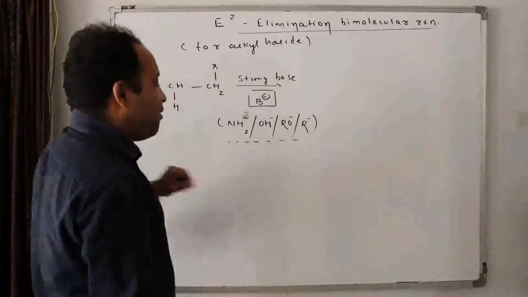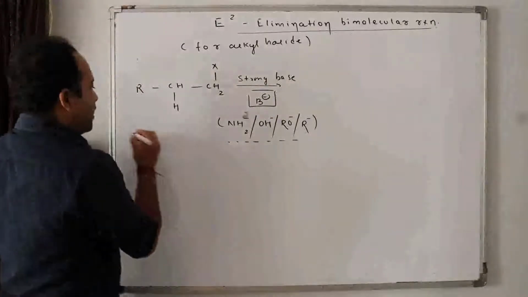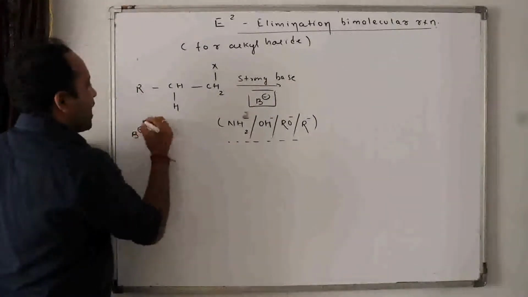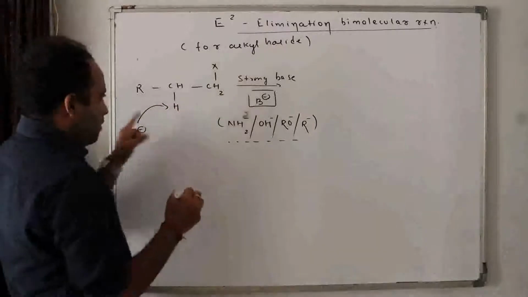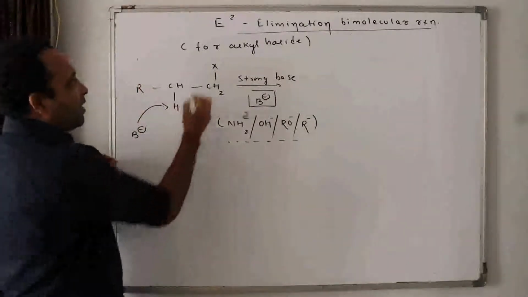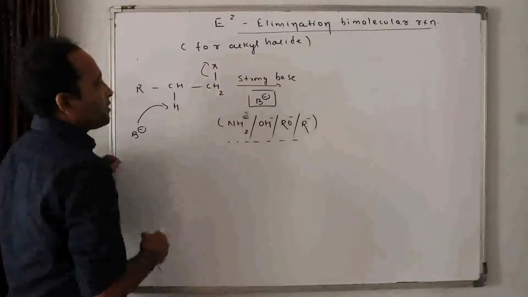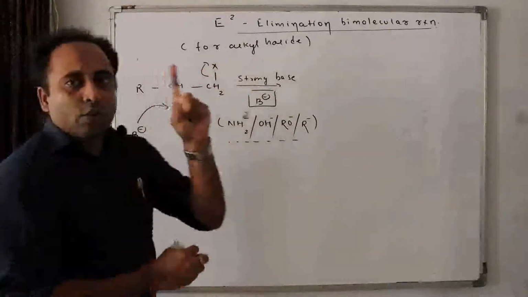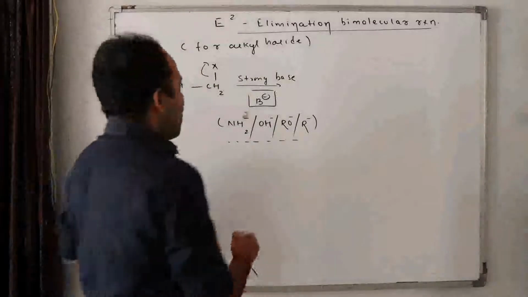Now, if I take a strong base, what happens? This base attacks this beta hydrogen, and simultaneously this halogen leaves. And this all occurs through a transition state. How?